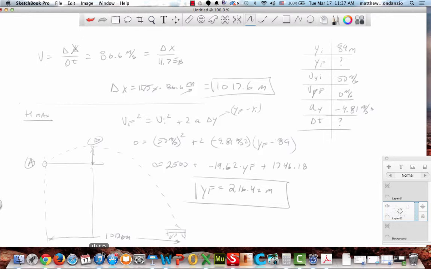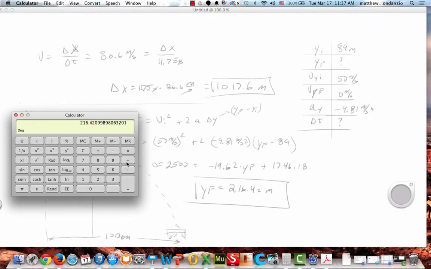It's not 216 above the 89. It's 216 total from the ground. So the distance above A is 216 minus 89, which is 127. So it needs to say not to scale. It's not to scale, guys.